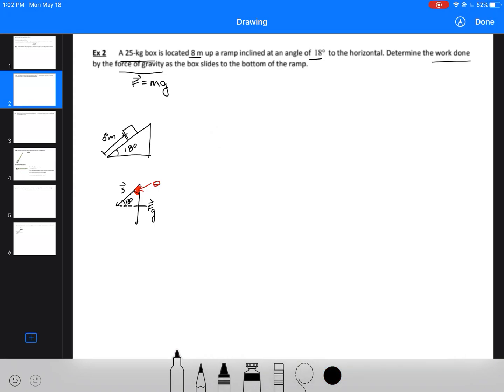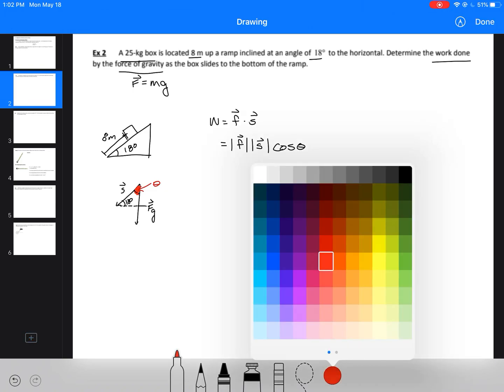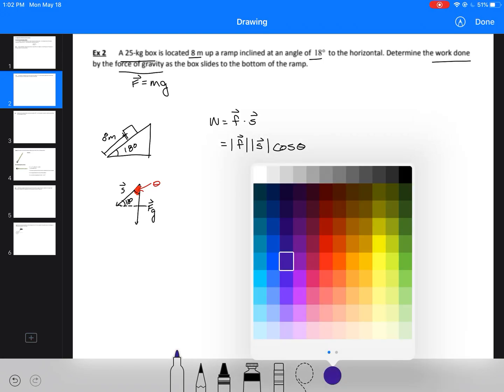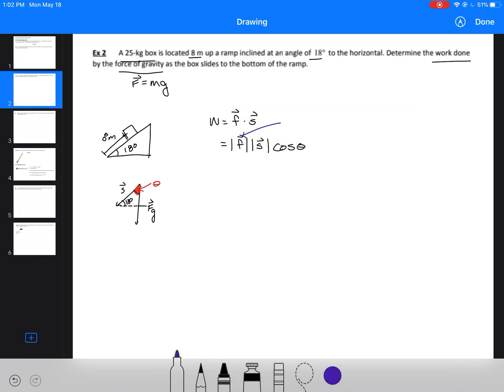Now I want to find the work done. I'm going to start off with my equation: force times displacement. And I know the angle between them, so I'm going to use the modified version with force times displacement cosine of the angle between them. Let's use purple. The first thing I need to do is find the magnitude of the force.